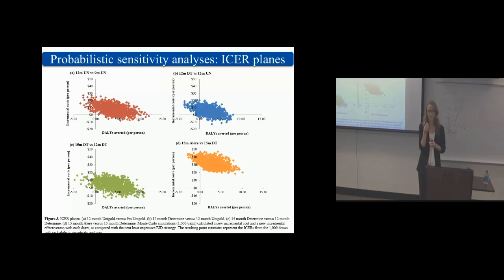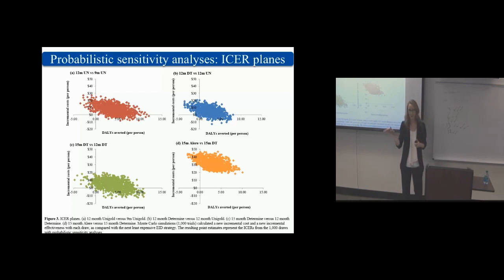So you're going to have the first ICER, for example, for this top left one was $1.53. You're going to have some ICERs that were negative $5 and some ICERs that were positive $10. You do that 1,000 times and you plot it on this ICER plane. Now what you want is you want those 1,000 draws, 1,000 point estimates to be in this upper right-hand quadrant, meaning that it's still cost effective.